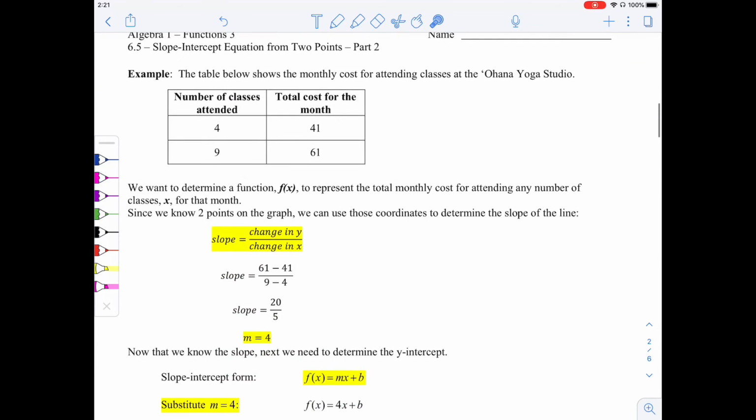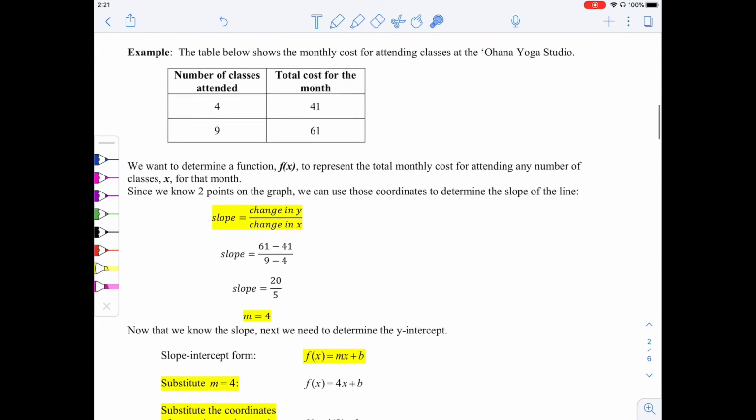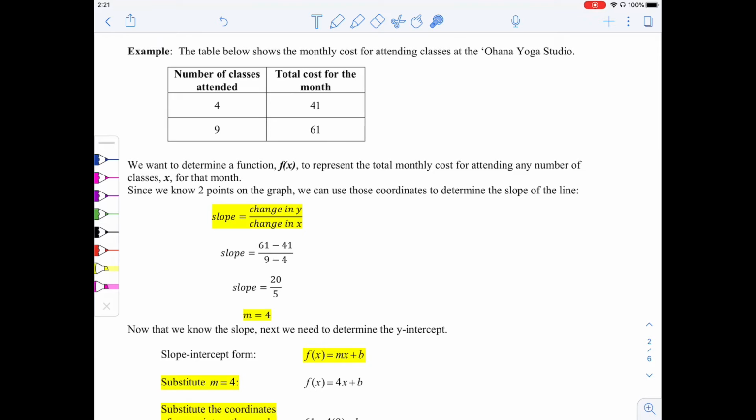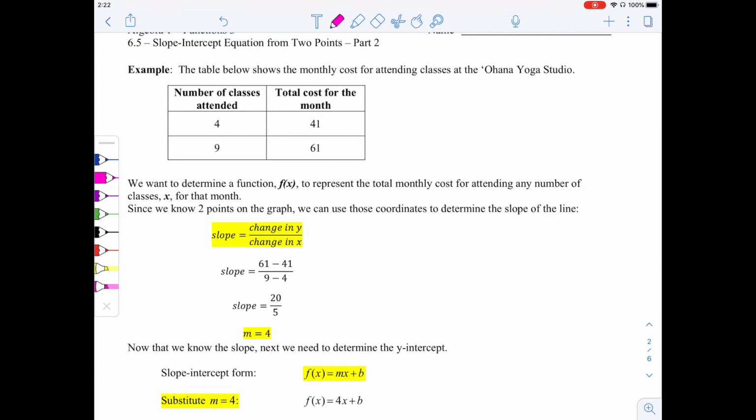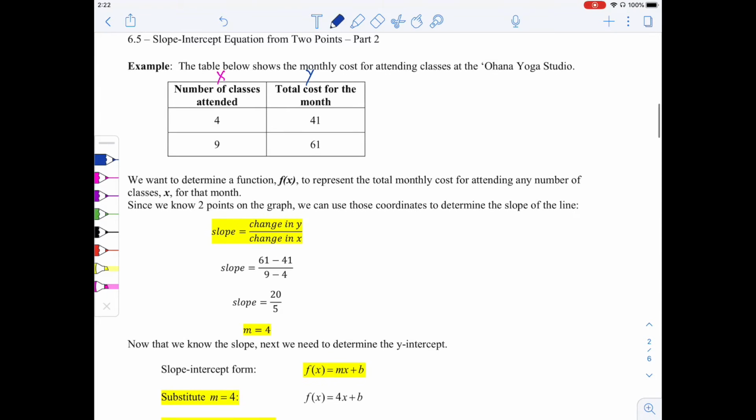Okay, so here's an example of how you can use it. The table below shows a monthly cost for attending classes at the Ohana Yoga Studio. The number of classes is just like your x values, and the cost is just like your y values, and you still have your x1, y1, x2, y2. The change in y: 61 minus 41 is plus 20.